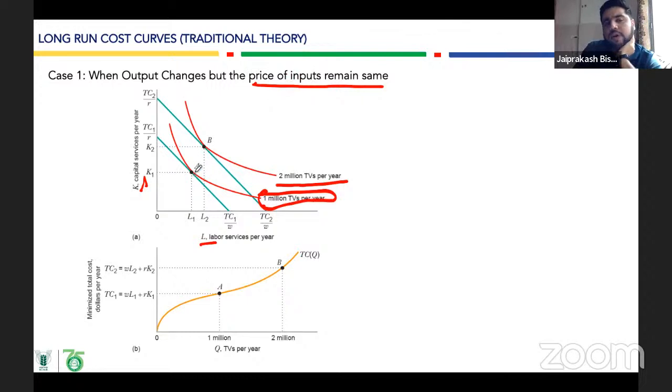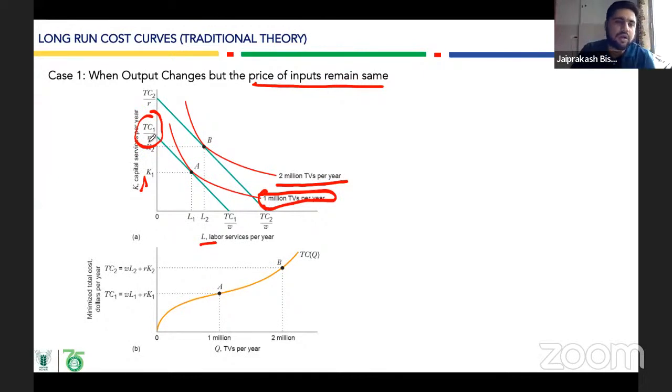In that case, he has to increase the allocation of inputs. So initially he was incurring TC, total cost divided by the rent.